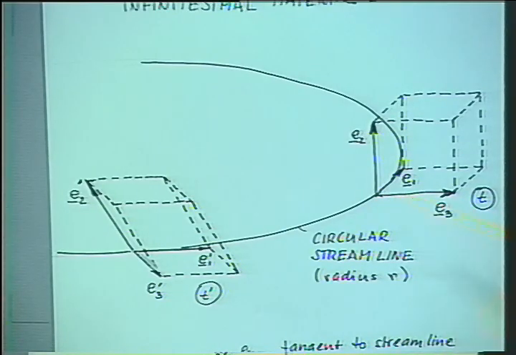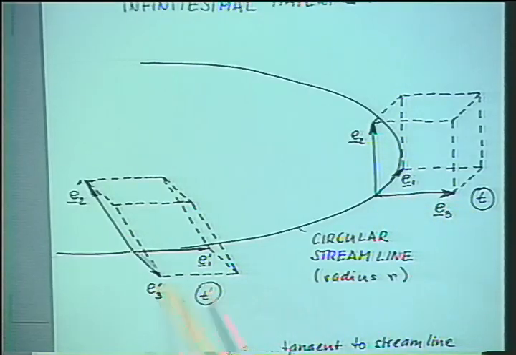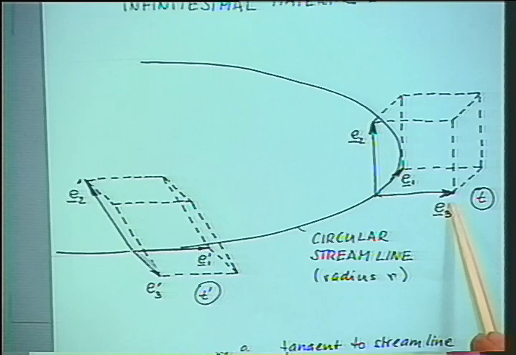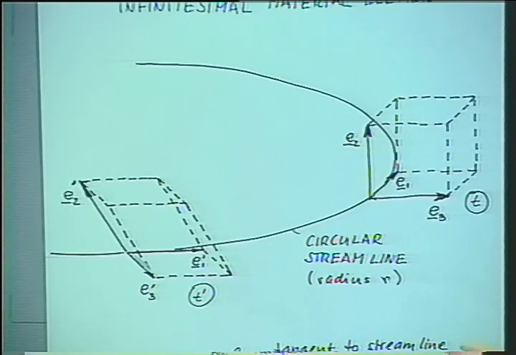The flow is 0 in radial direction, so there's no stretching, so E3 doesn't change its length. I'm just picking convenient choices. You can pick any three material vectors to describe the flow, and you might as well pick the simplest ones, the ones which you can describe most easily.